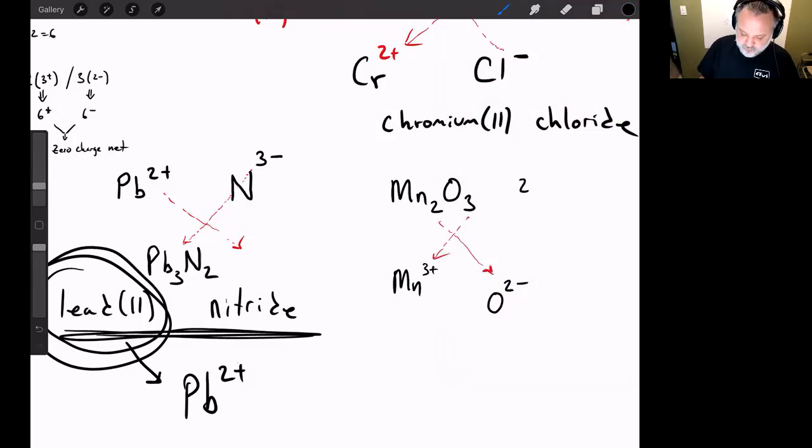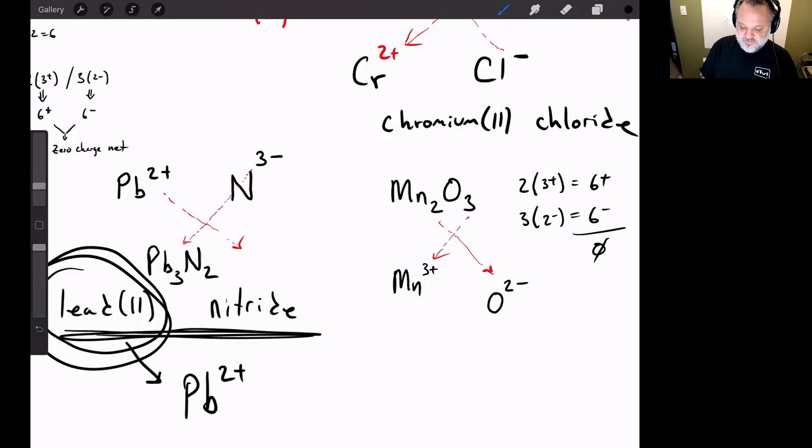So if I have 2 manganese that are 3 plus, I get a total charge of 6 plus. If I have 3 oxides that are 2 minus, then I get a total charge of 6 minus. My net charge is 0. Remember, the whole idea behind this is that the ionic compound is an overall neutral charge. That is one way that you can do it. You can just flip them like that to determine the charge.